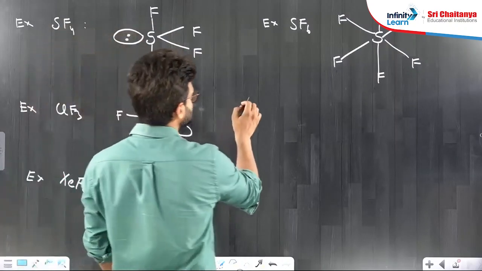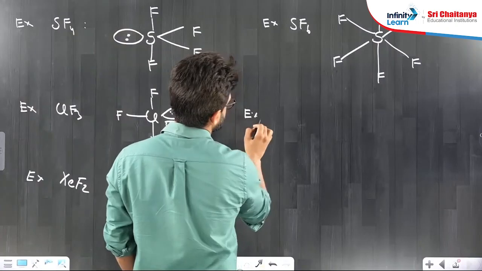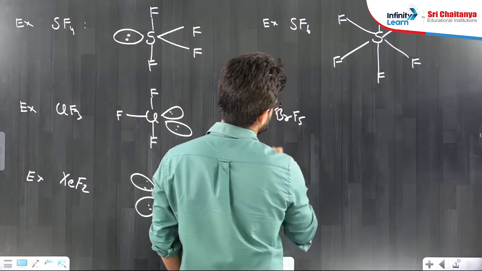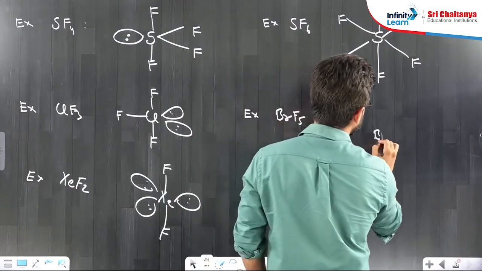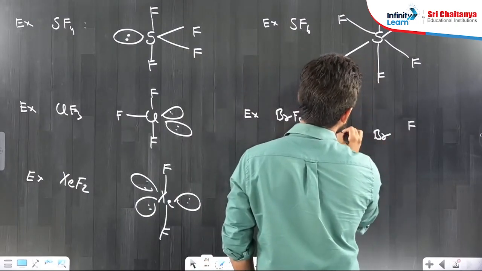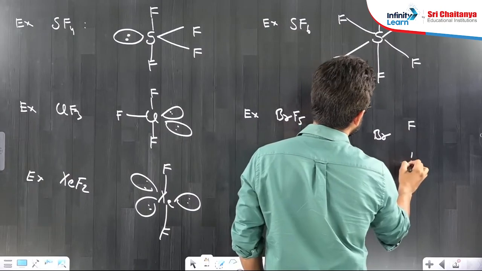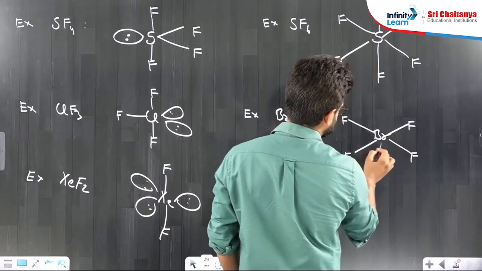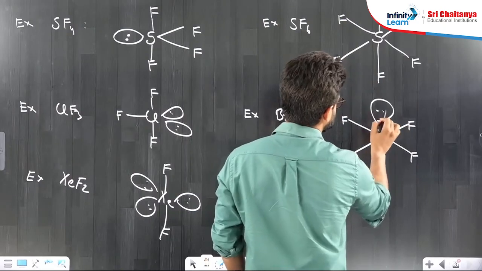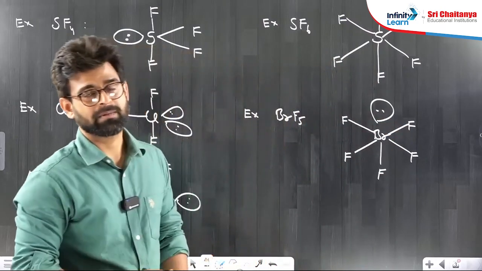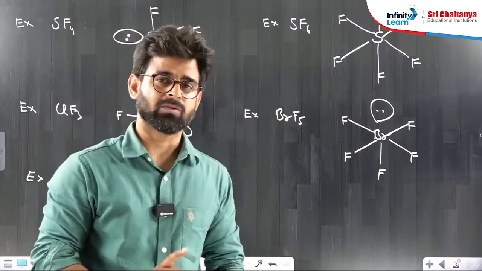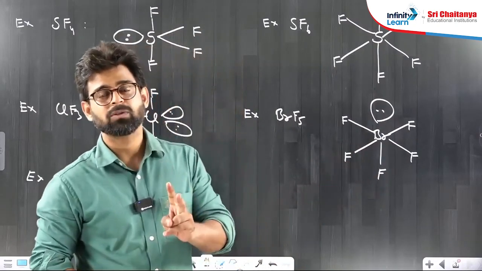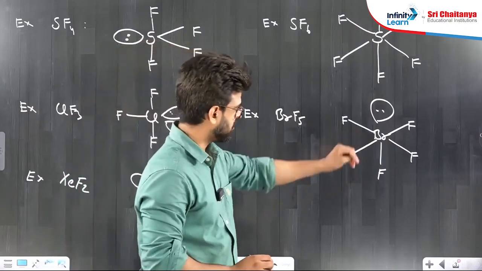Clear? The next thing you will see, I can take here BrF5, right? So we are having bromine with 7 valence electrons and the surrounding atoms are fluorine. After making the 5 bonds with fluorine, 1 lone pair will be present on bromine, because bromine has 7 valence electrons. After making the 5 bonds, 5 are used, 2 are remaining, so 2 electrons become the lone pair. Fine.